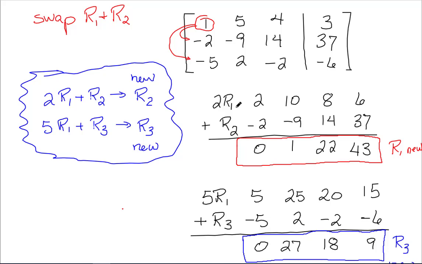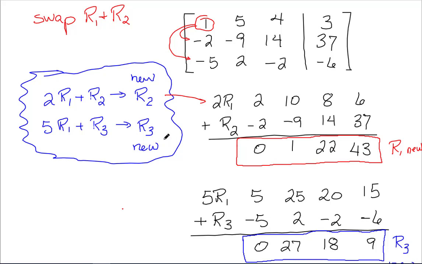So 2 times row 1, all the way across by 2. And again, go carefully, it's very difficult to find your mistake. Here's row 2, add them up, I get 0, 1, 22, 43.